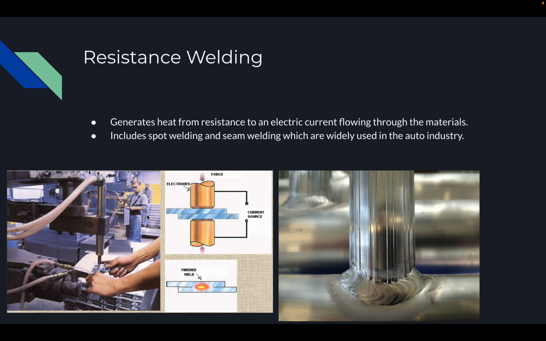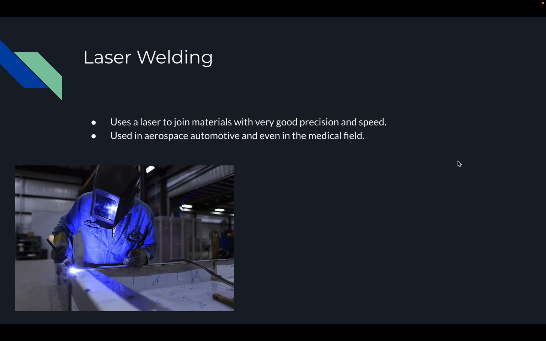So as you can see right here, in the machine, we have a little example where the materials are pressed down, and then through these right here, we can see that the electrodes are pushed through, and then they press the materials together. And over here on the seam, I can see why they would use this in automotive and other applications where they need it for, let's say, exhaust systems and stuff like that.